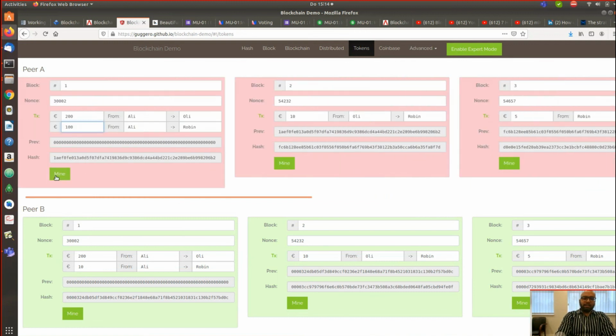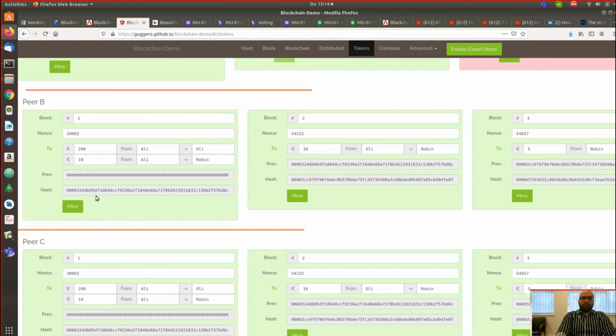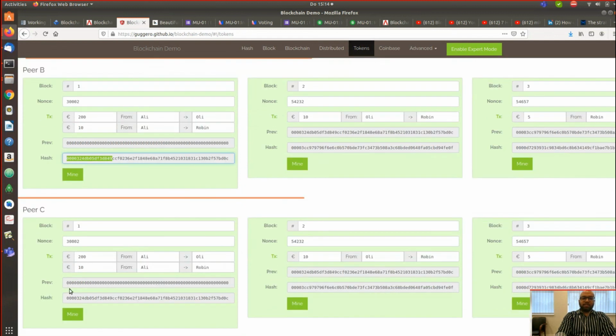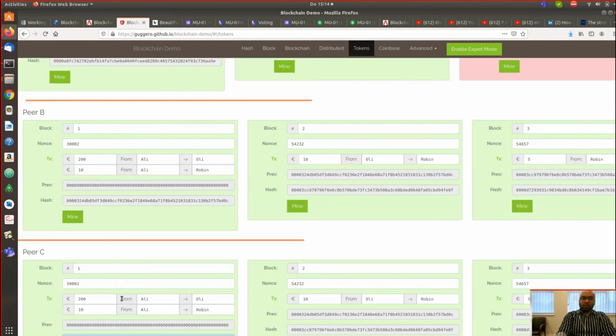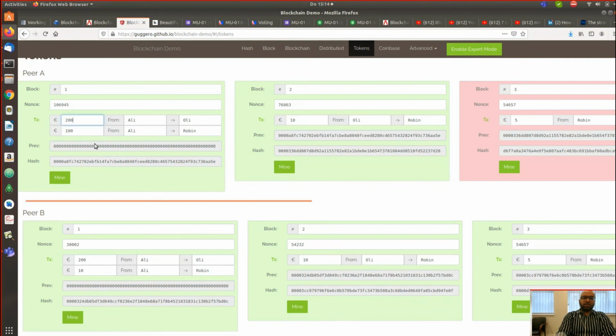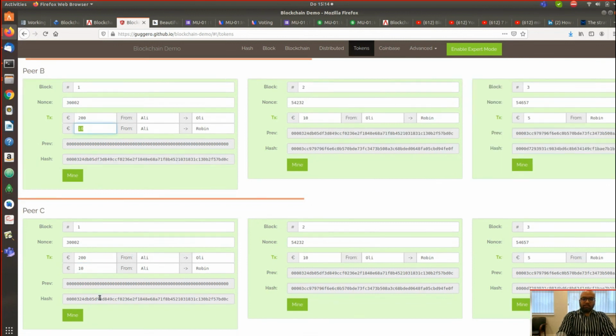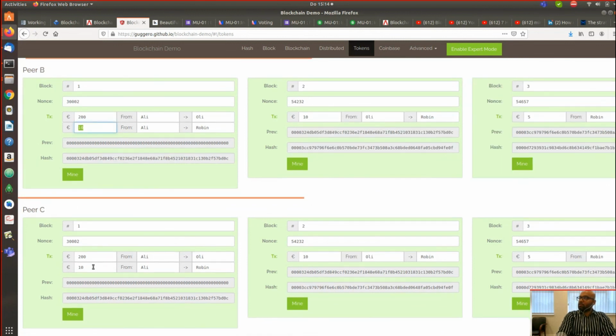Again I can mine all this, and it will create the correct nonce. Then I mine the next one. But then the same problem: consensus is not reached because all the other nodes have a copy, and you are cheating because you are saying you have $100, but it's not correct. You have only 10, and other peers can vouch for that.